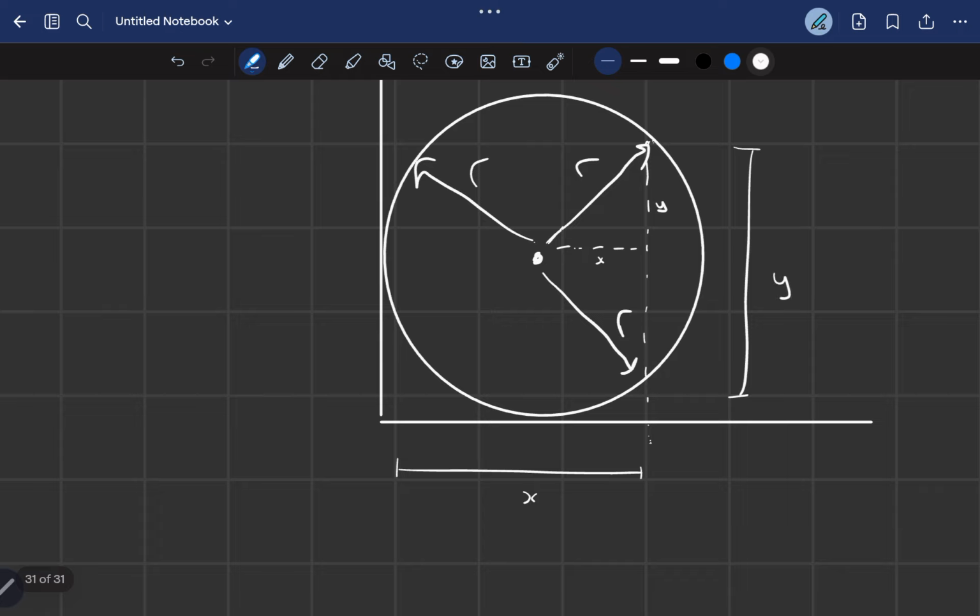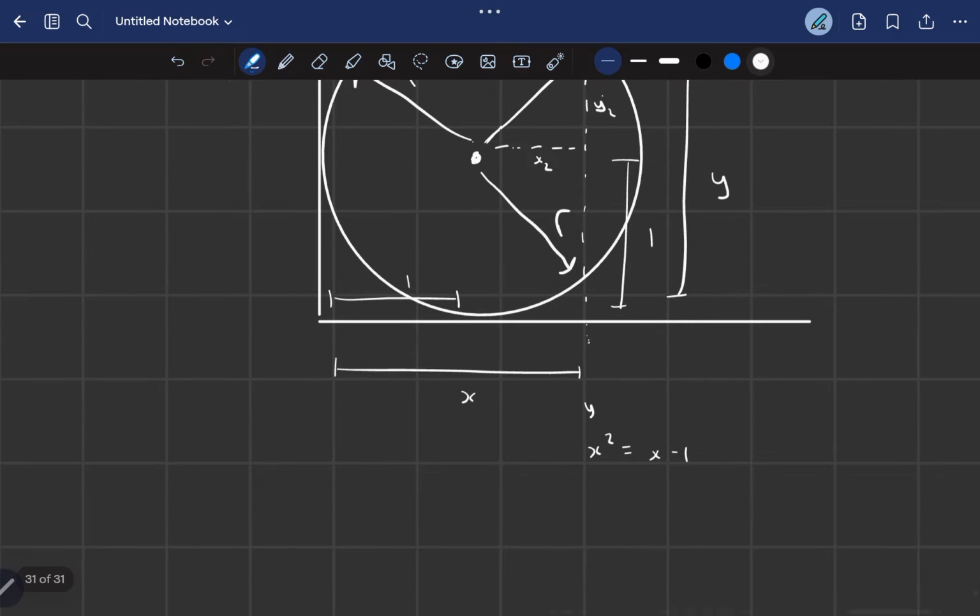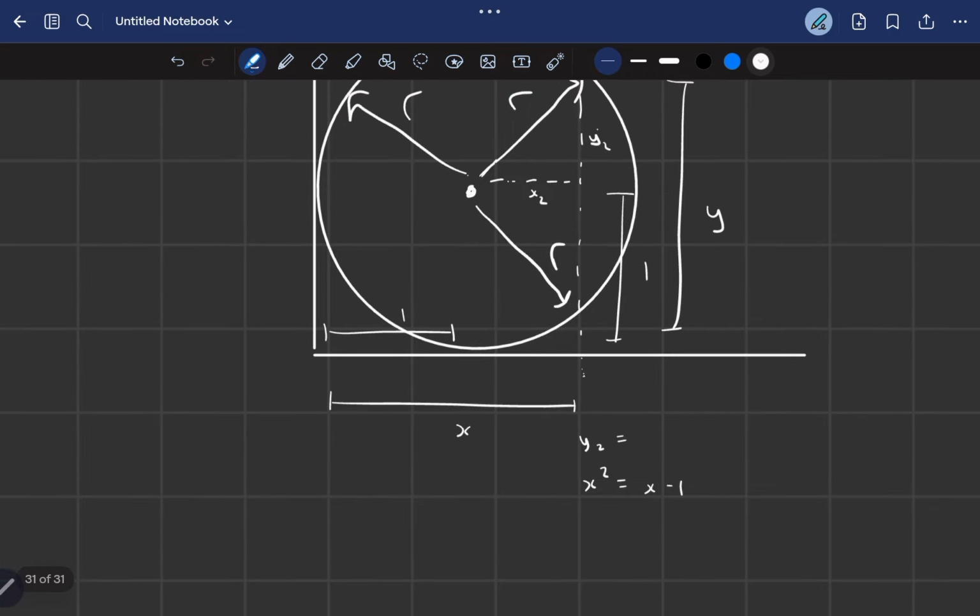So how do we find, let's call this y2 and x2. So how do we find y2 and x2? Well, we know that because the center is at 1, 1, we know that this is 1, we know that this is 1. So in order to find x2, we just do x2 is equal to x minus 1. And then y2 is equal to y minus 1.